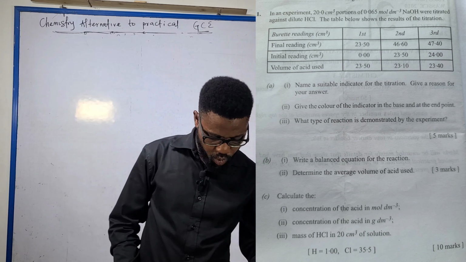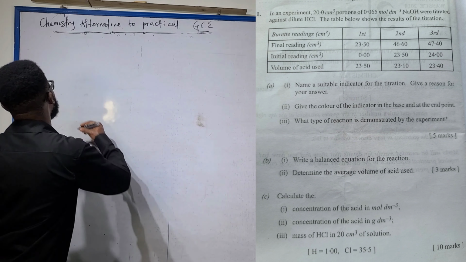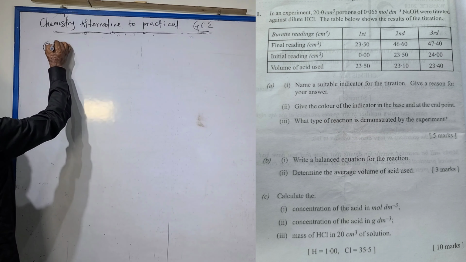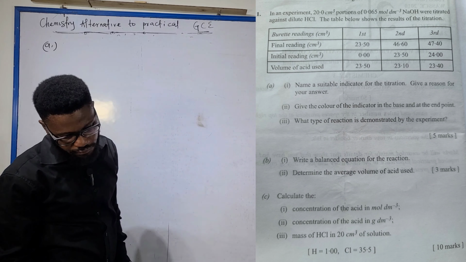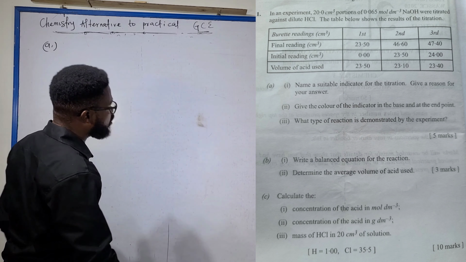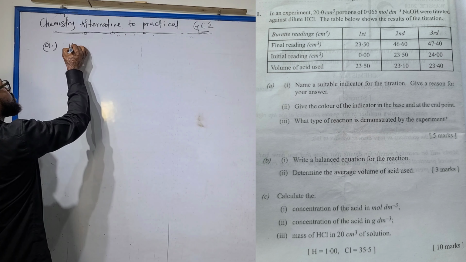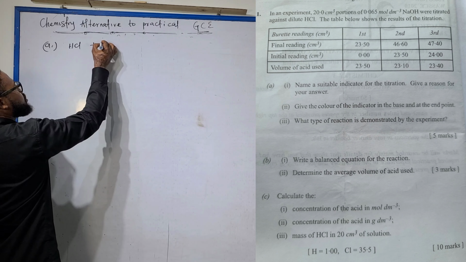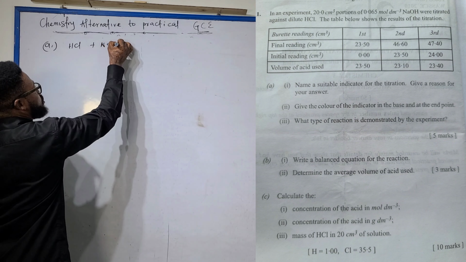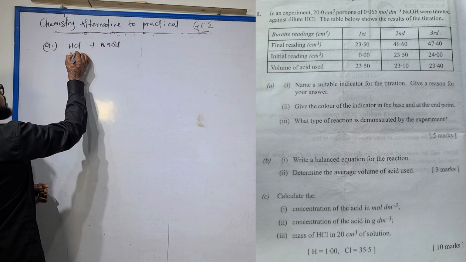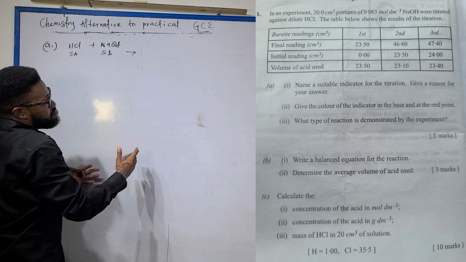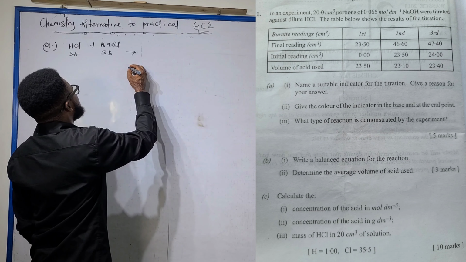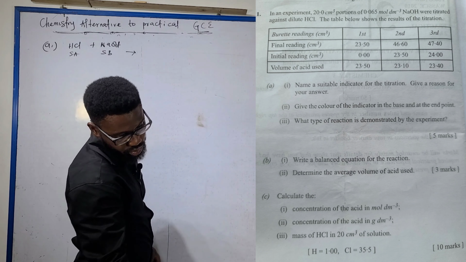So question A1. We were told to name a suitable indicator for the titration and give a reason. Of course, you're looking at HCl and sodium hydroxide. This is a strong acid and a strong base, so it could be any indicator, but name a suitable one.